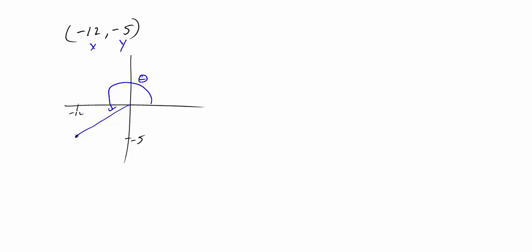So now if we think of this as a right triangle here, and I'm still going to use our signs, this would be thought of as a -12, and we can think of this as a -5. Using the Pythagorean Theorem again, we could take x squared, which would be -12 squared, plus -5 squared equals the radius squared. So once again here we would get 144 plus 25 equals r squared.